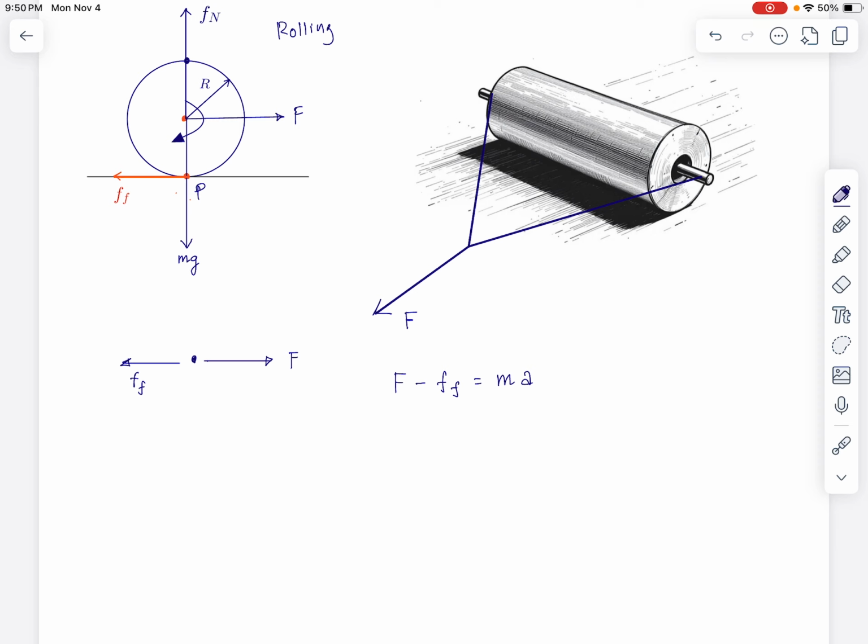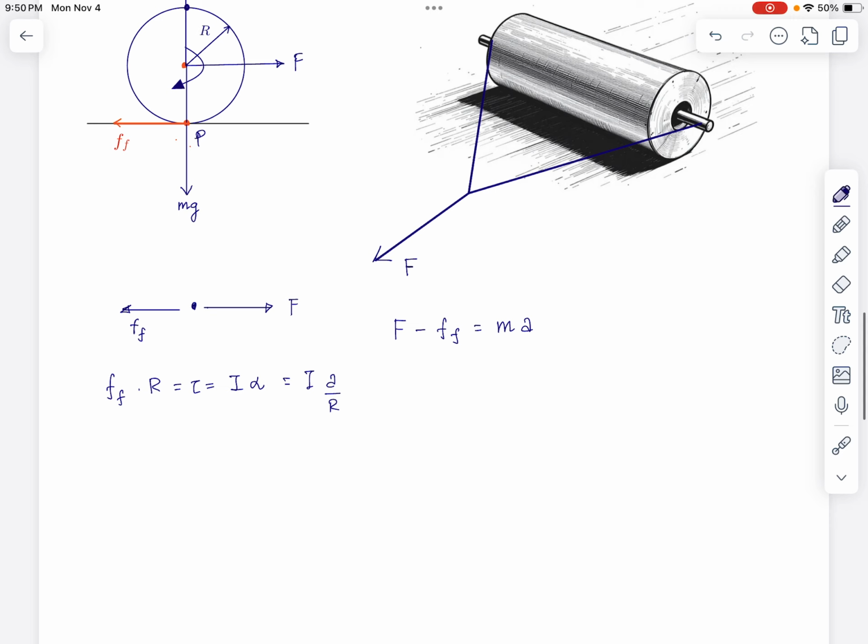Now we know that the frictional force times r is the torque, and that should equal I times alpha, and alpha here is nothing but the acceleration of the center of mass divided by r. So the frictional force equals I times a divided by r squared.